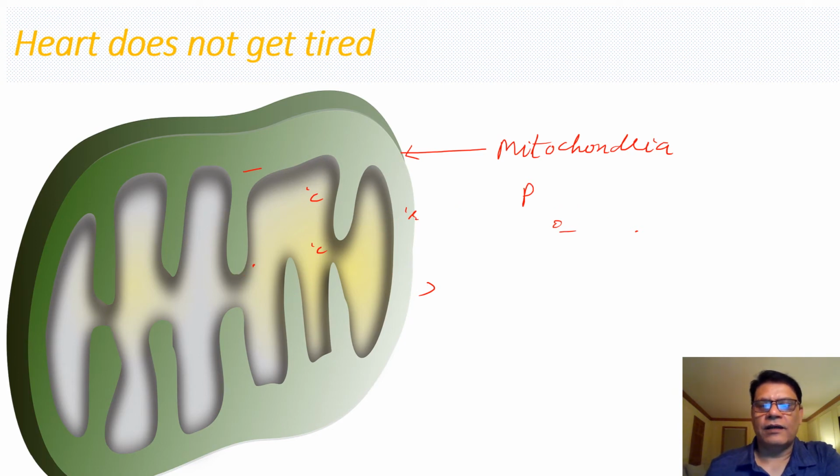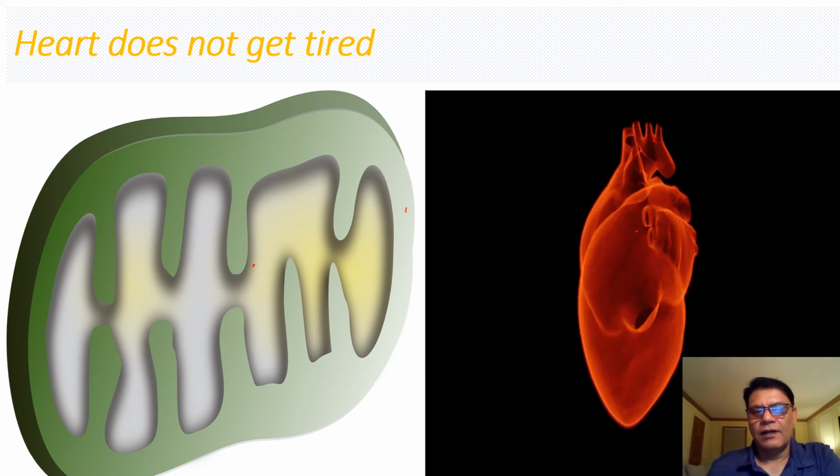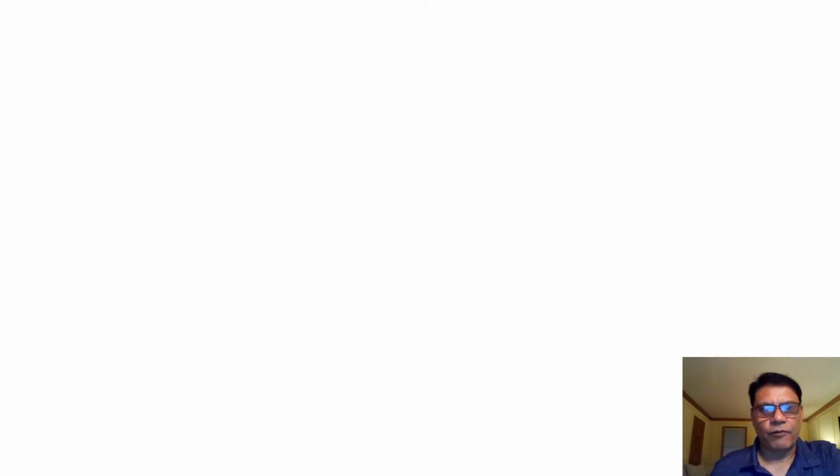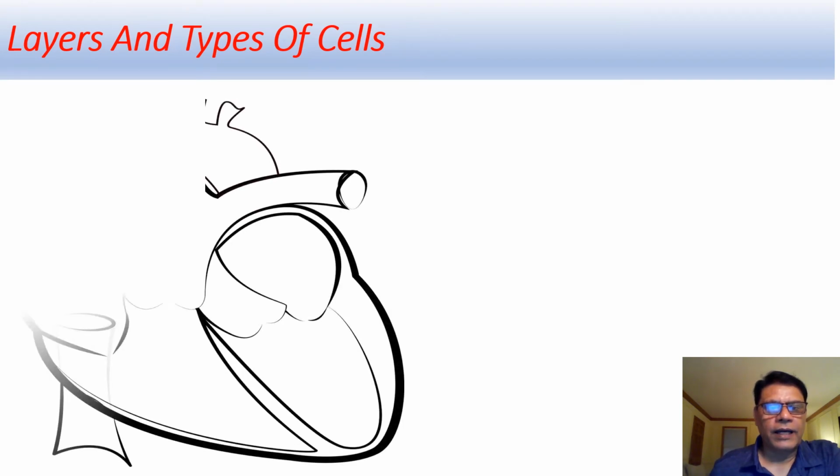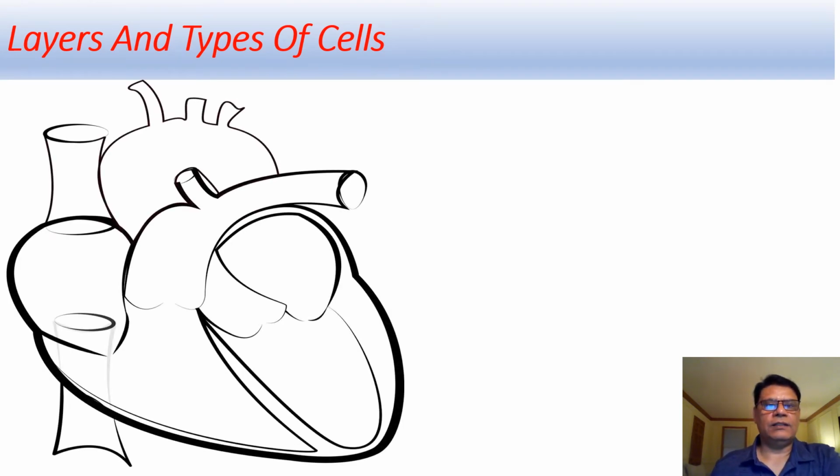And this energy keeps the heart going all of our life, and the heart never takes a rest. So as far as the layers of the heart are concerned, it has three layers.